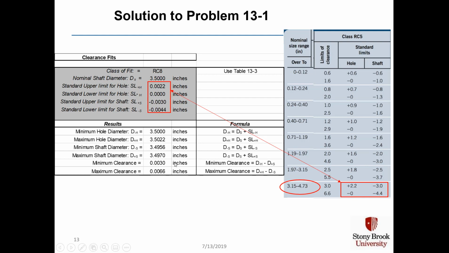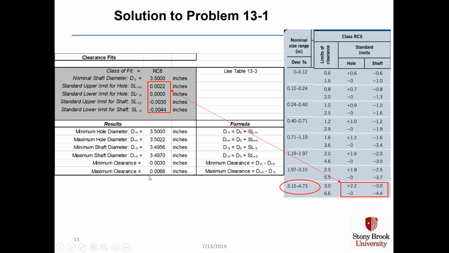0.0030. The minimum clearance of 0.0030 is then the minimum hole diameter minus the maximum shaft diameter, which is 3.5 minus 3.497. So it's basically the difference between the biggest shaft possible and the smallest hole. And that's 0.0030. And that translates here to our 3.0 times 0.0001 inches.